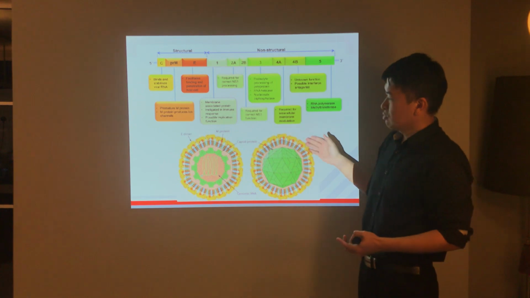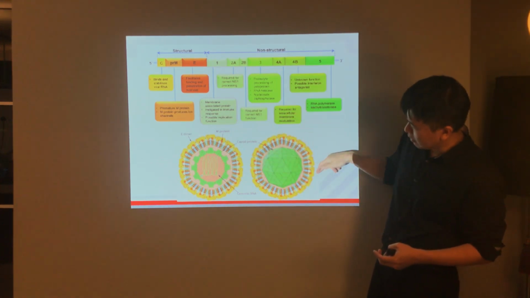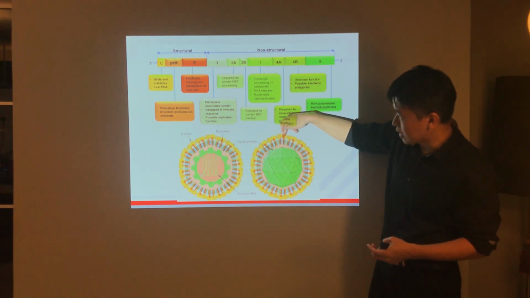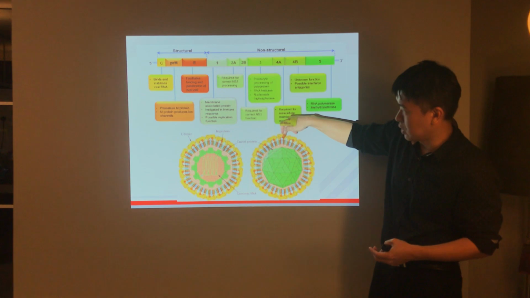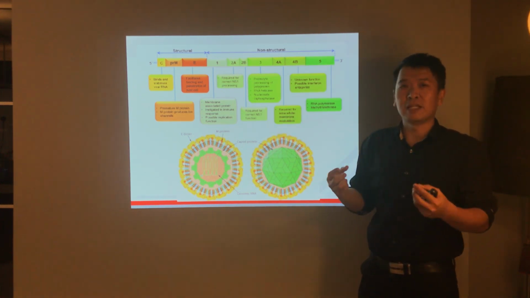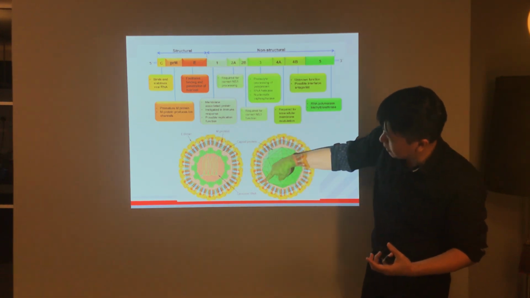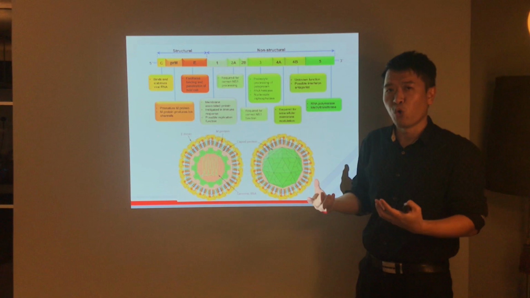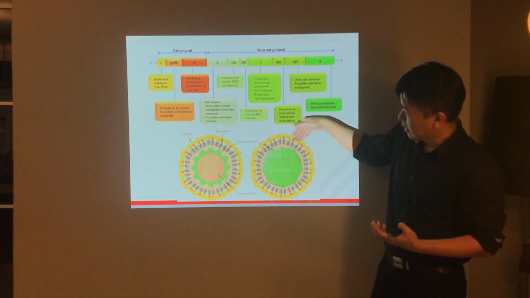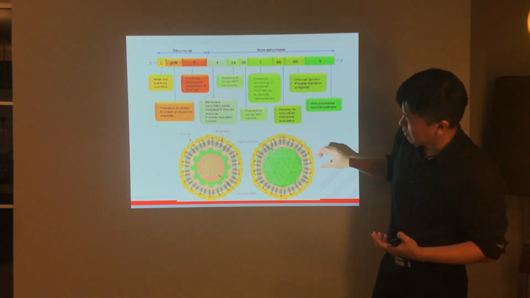So this is how the structure of the virus looks. On the surface, the yellow color that you can see here is the envelope protein, and the orange is the pre-M or M protein. Because it's an enveloped virus, definitely it has a lipid bilayer. The blue color here is the lipid bilayer that is derived from the host. So the host membrane has the envelope and M protein on the surface.